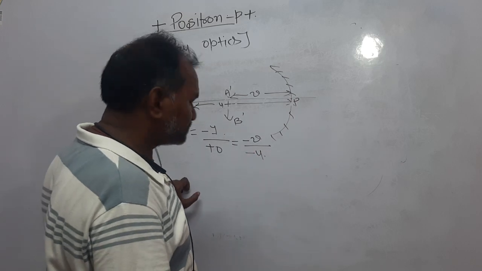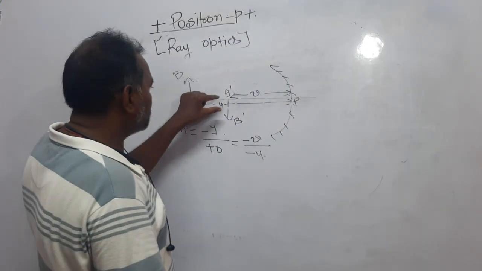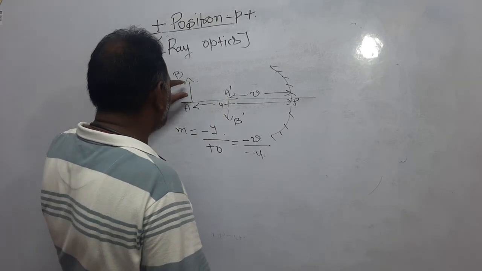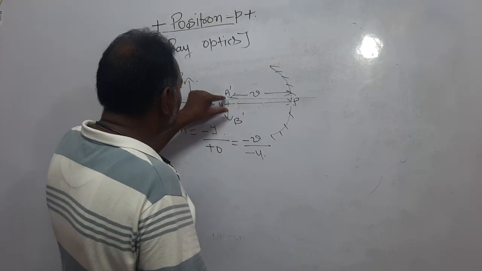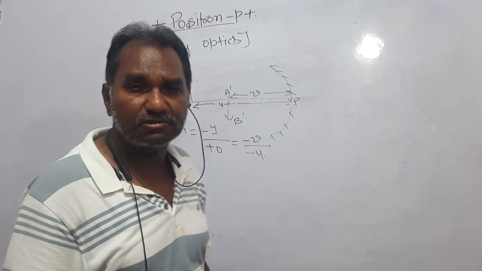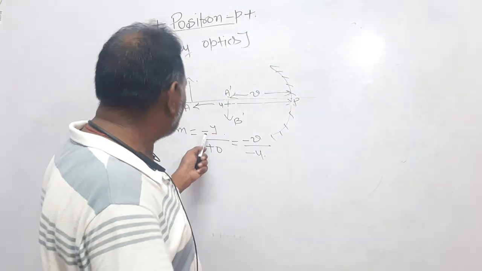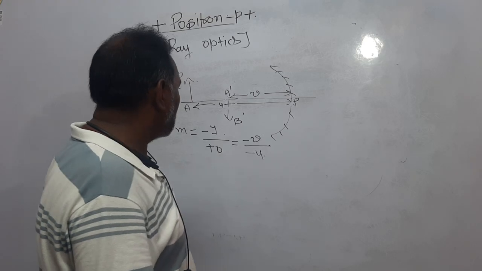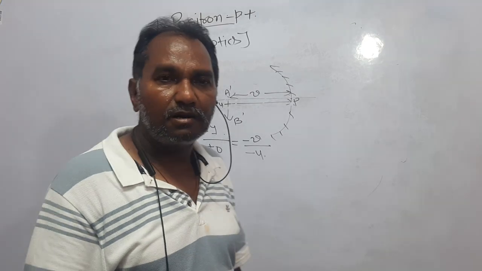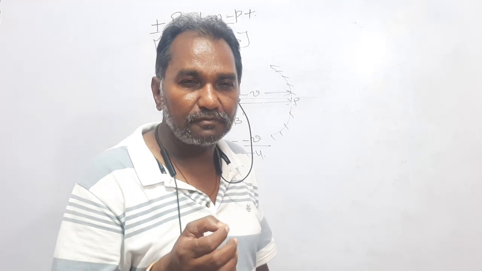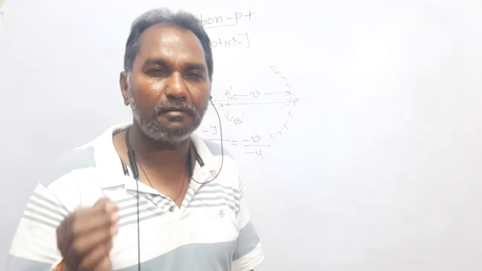Dear student, magnification is the ratio of size of image and size of object. Size of image is this, I, size of object is O. Image is downward to the optical axis, so I have considered this length negative and this length positive, and this is equal to the ratio of distance of image and distance of object.